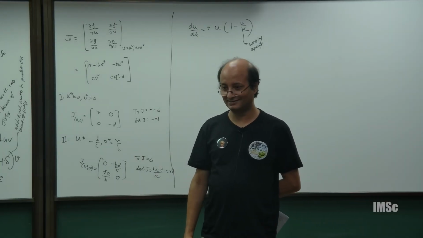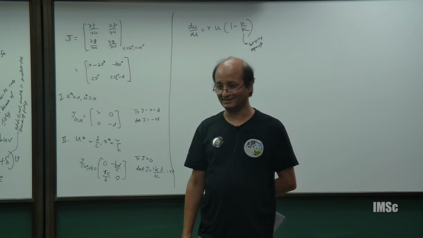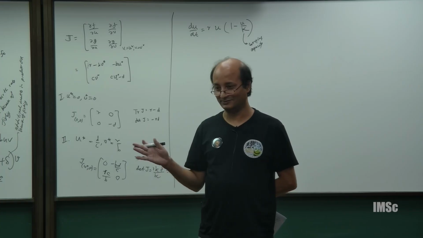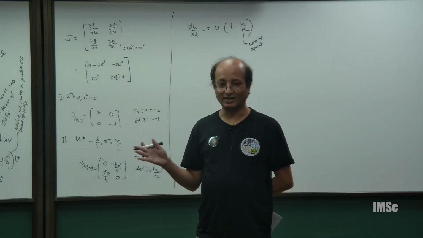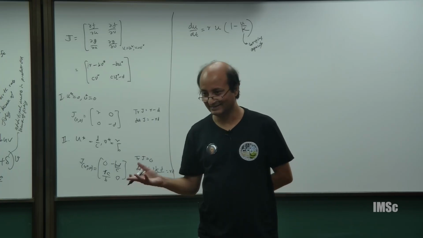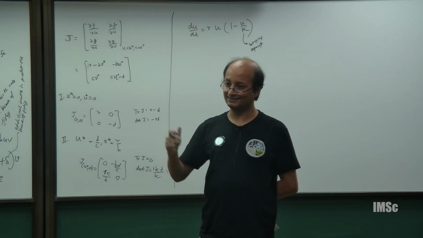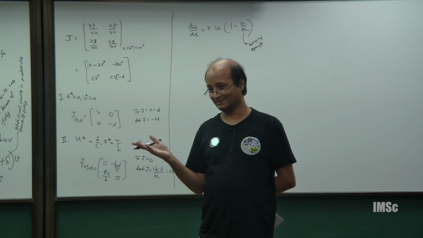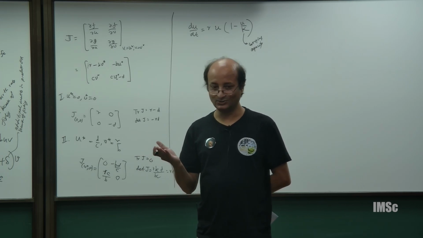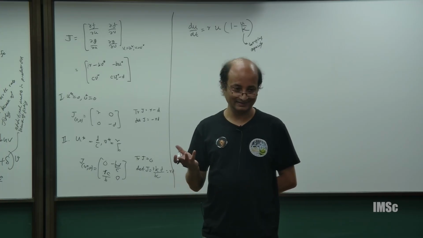After the fifth fish, I'll really start feeling sick. You give me 10 fish, sorry, I won't be able to have it. So eventually, even if I am a glutton, after some number I will say I can't eat anymore. There is a saturation to how much prey I can have.